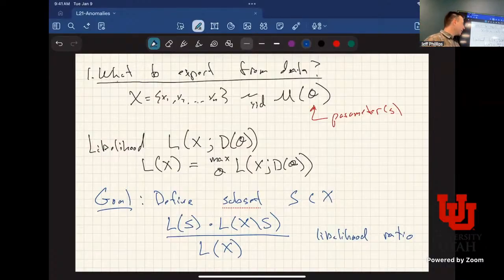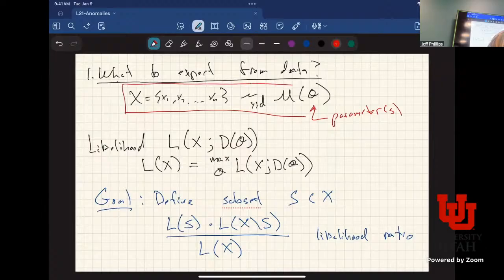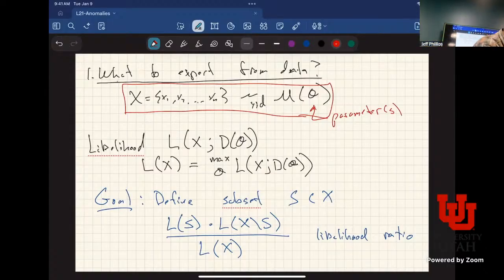If likelihood is better when it's larger, I should always be able to do that. I need one more thing to be able to explain this. I'm going to assume, remember I assumed my data was IID here. So then the likelihood is going to be a product.